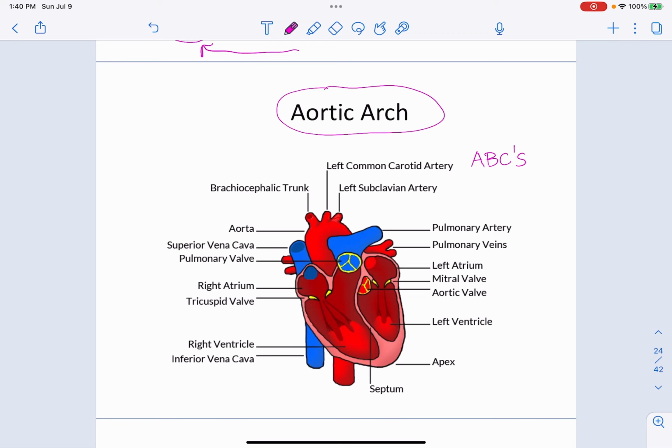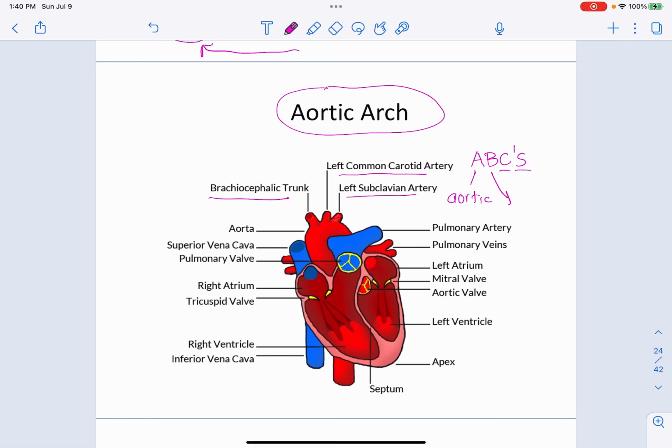A clinician actually told me how to remember this. You use the ABCs. A is for aortic, B is for brachiocephalic, C is for the left common carotid, and the S is for the left subclavian.